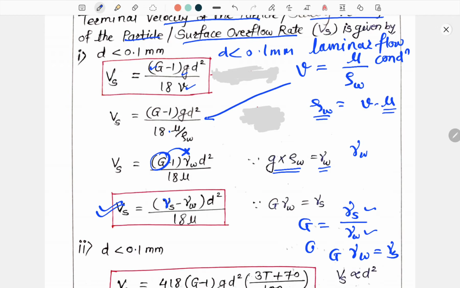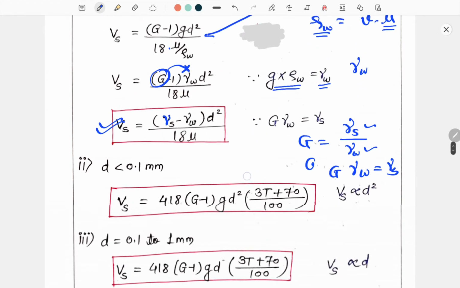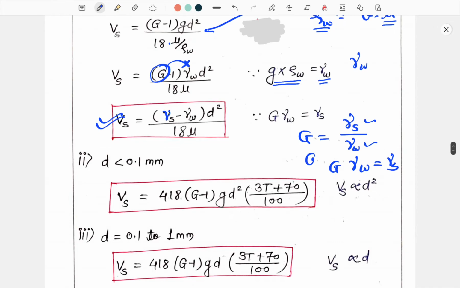Next one: if d is less than 0.1 mm, then Vs = 418 (G - 1) d² (3T + 70) / 100, where T is the temperature. So here Vs is directly proportional to d², that is the square of the particle diameter.